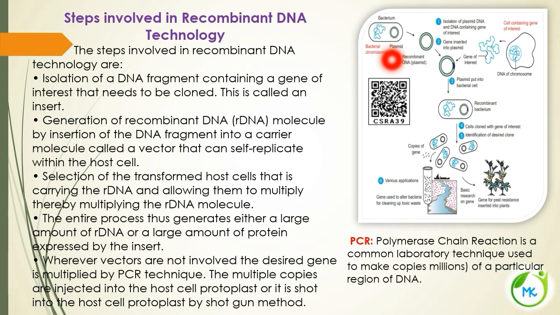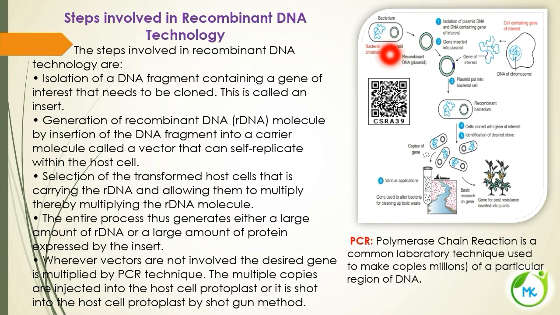You all know plasmids are nothing but extra chromosomal DNA of bacteria. So, this is the bacterium. The bacterium has got its own DNA, that is the bacterial chromosome. In addition to this bacterial chromosome, it has got some extra DNA. That extra chromosomal DNA is referred to as the plasmid DNA.